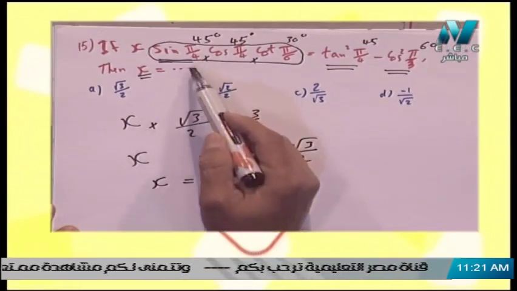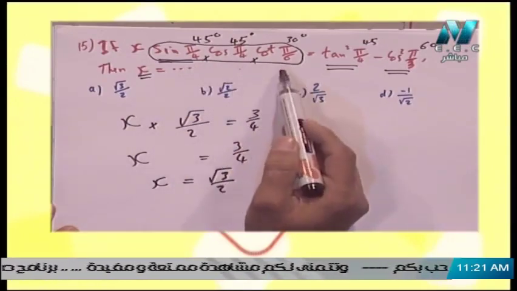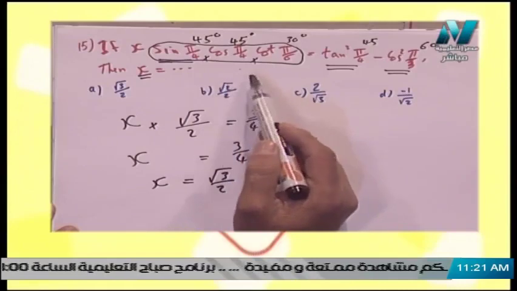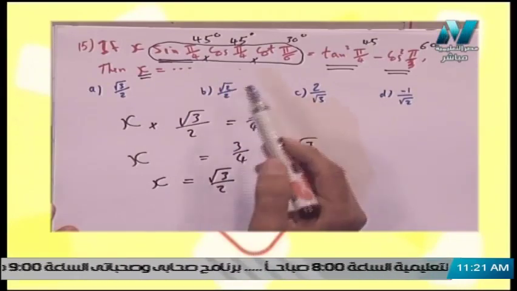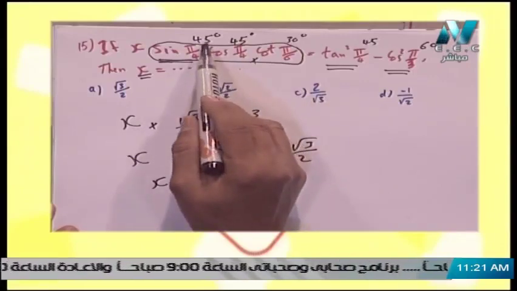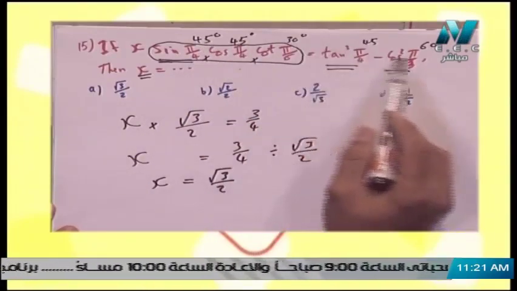You can use pi over 4 itself and pi over 6 if you convert your calculator to radians. But if it's degrees, you use 45 degrees, 45, 30, and so on.